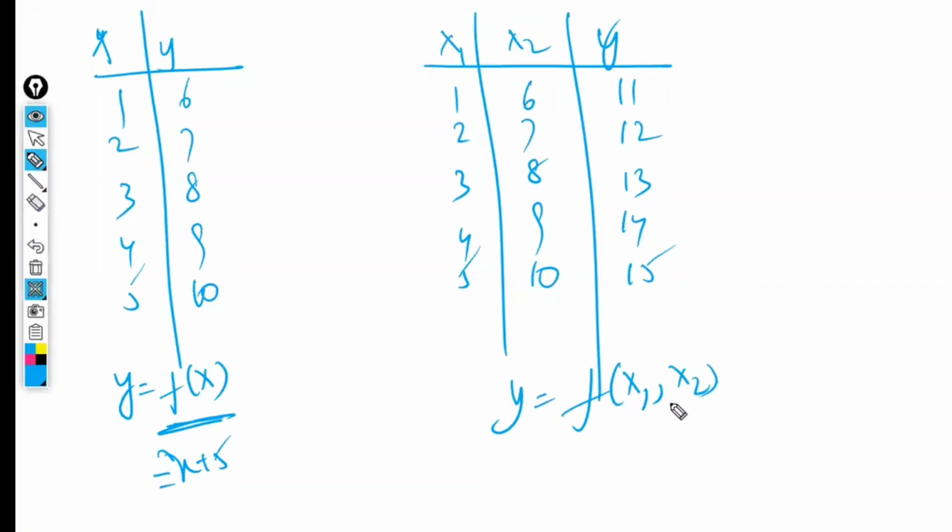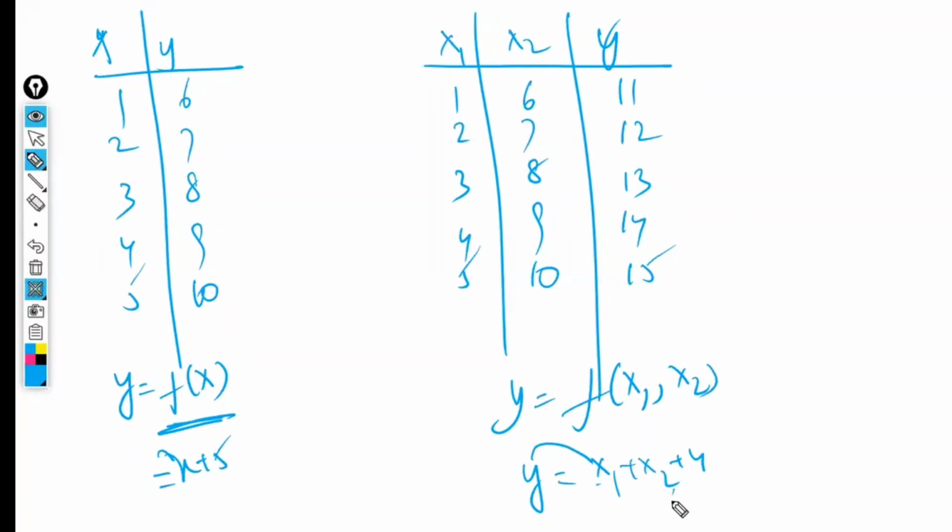The relation can be anything, but finally you get an equation using x1 and x2. For example, y is equal to x1 plus x2 plus 4, simple. In this equation, y depends on both x1 and x2.